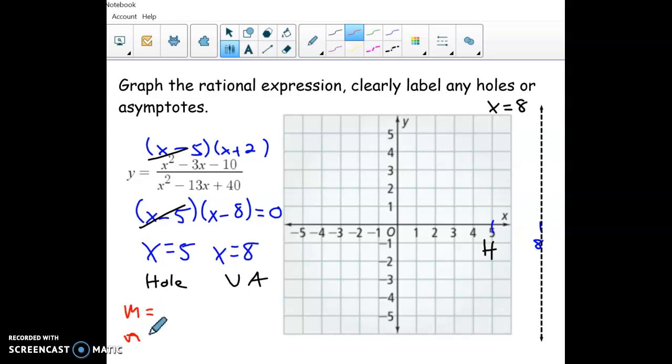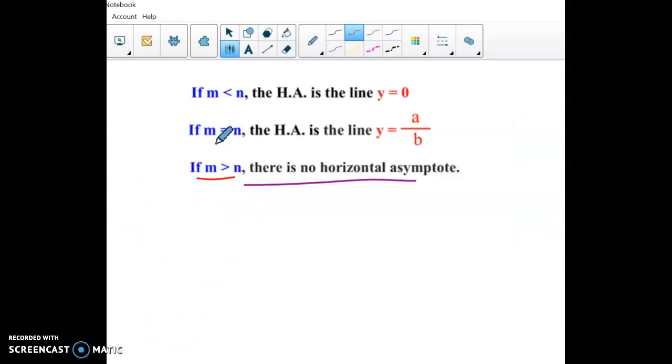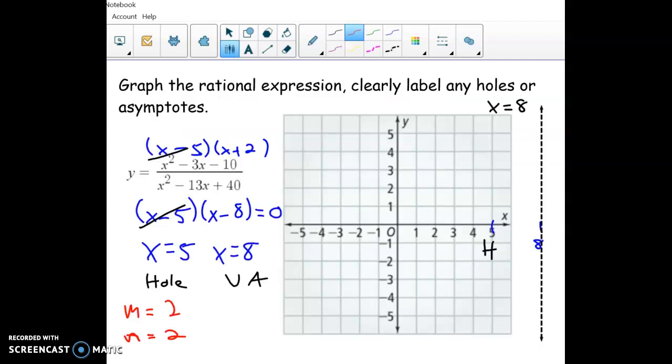where M and N are the highest exponents. So the highest exponent up top is 2, and the highest on the bottom is also 2. So according to the chart, we have M equal to N. So the horizontal asymptote is the line y equals a over b, where a and b are the leading coefficients. So they're the coefficients out front.